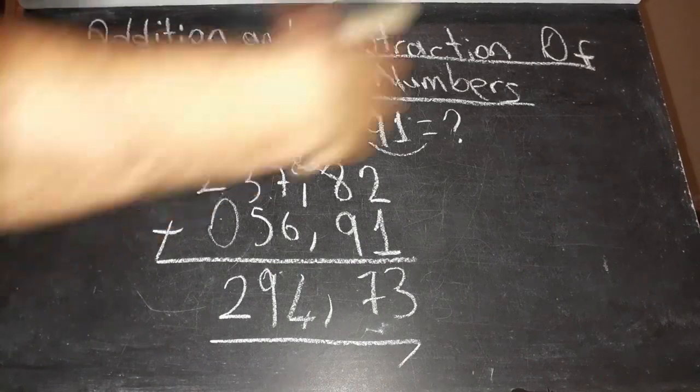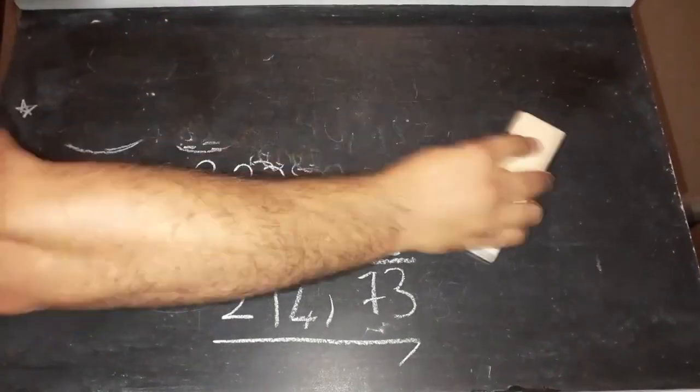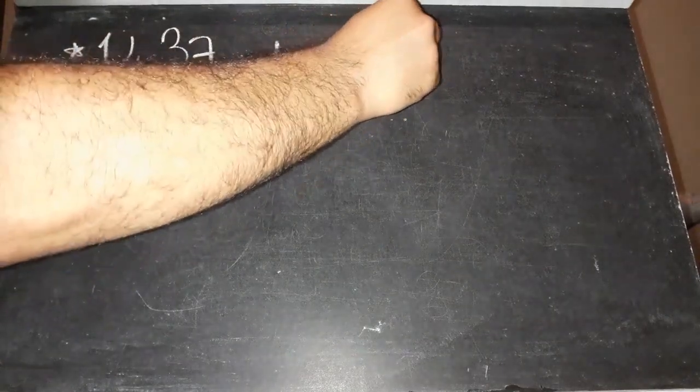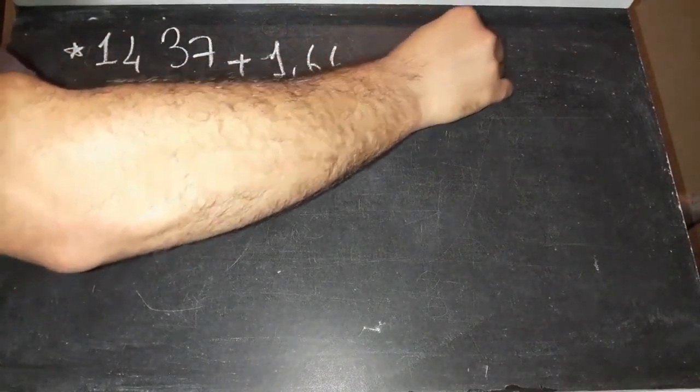Sometimes you will have three numbers next to each other. For example, 14,37 plus 1,66 plus 23,8.